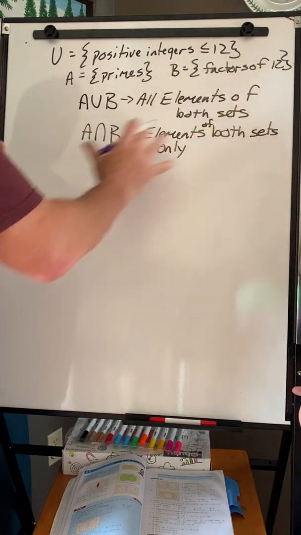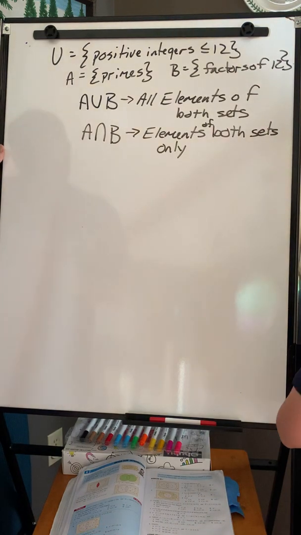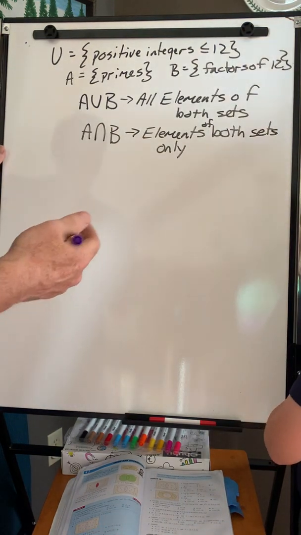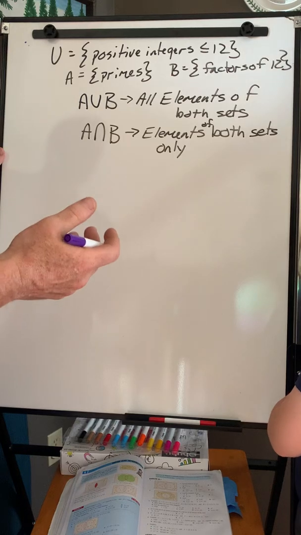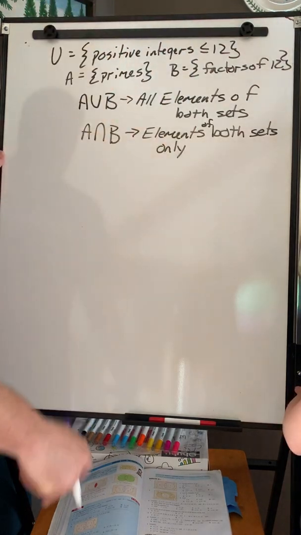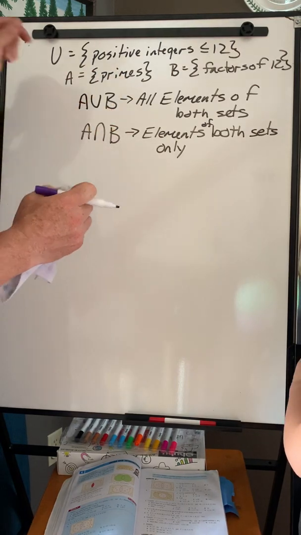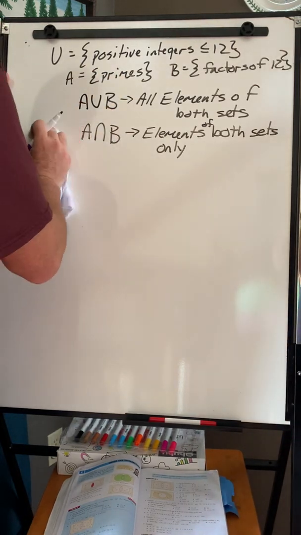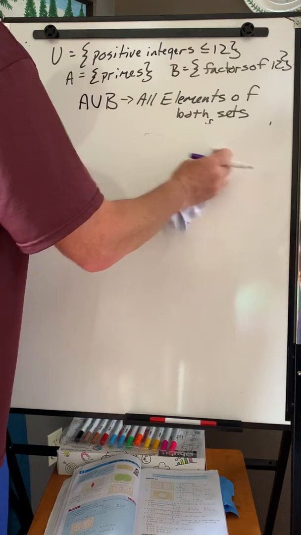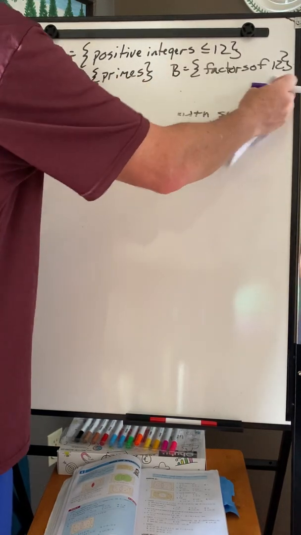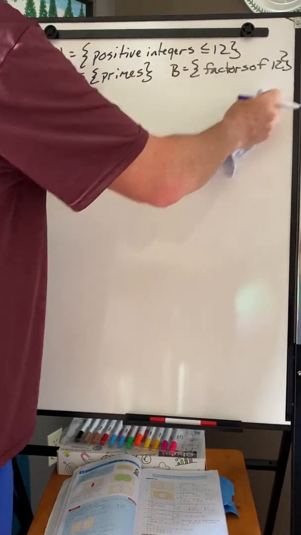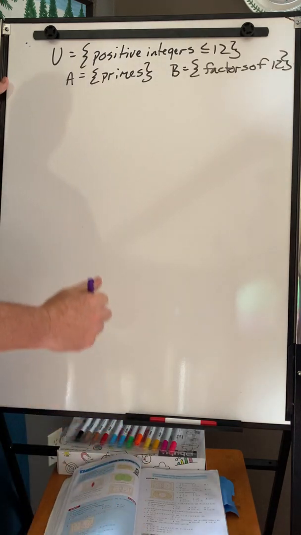So we'll explain a bit more as we go through this. So basically, we'll just get into the example. So union means we get all of them. Intersection means only the ones that are in both.